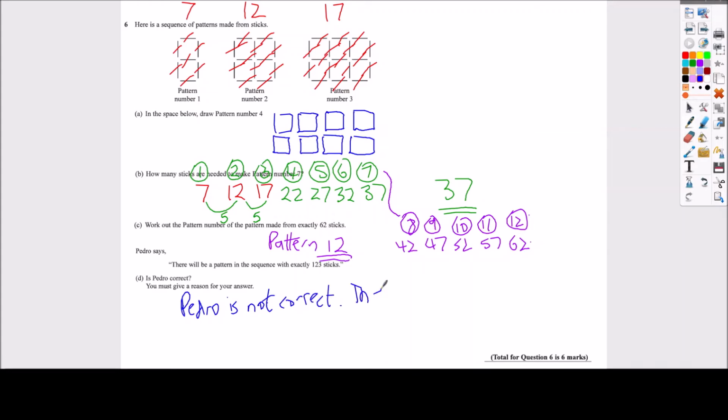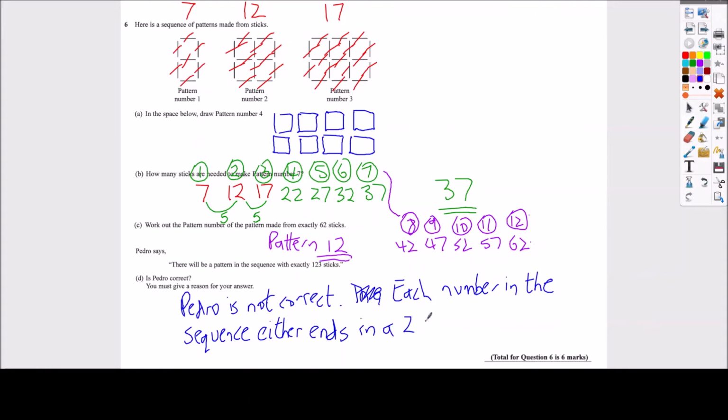Each number in the sequence either ends in a 2 or a 7, so 123 is not in the sequence.